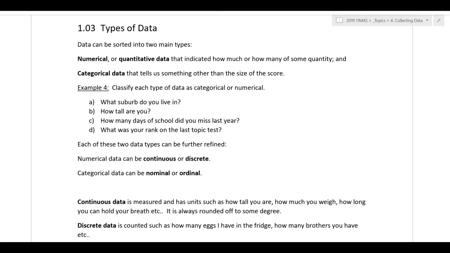If I asked you what size shoes you wear, well, that certainly sounds like your answer is going to be a number. But what does that number refer to? Kind of lost in the mists of time, that one, I think. Or at least to me it is. Whether you wear a size 8 or a size 9 or a 15 or a 3, shoe sizes, we can certainly put them in order.